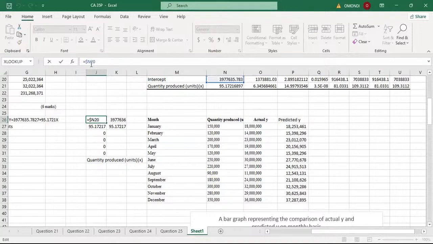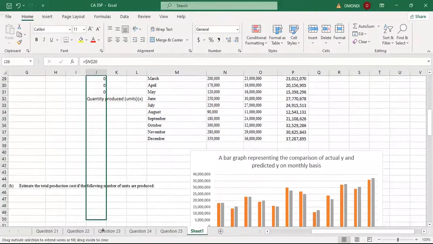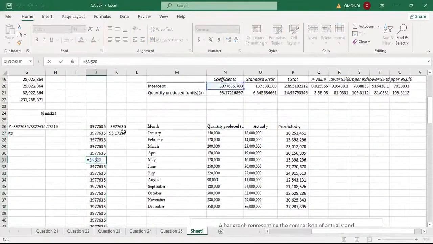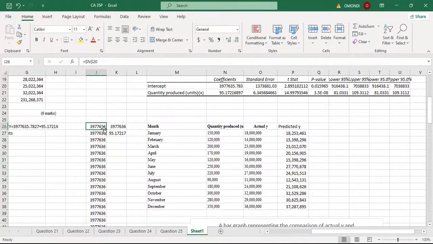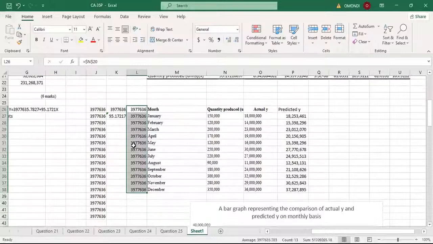So I place a $ sign before 20, which means even if I move up to the last row down there, it will keep on referring to the value in that cell because I've fully locked it. If I do it this way or downwards, it will still give me that specific value.